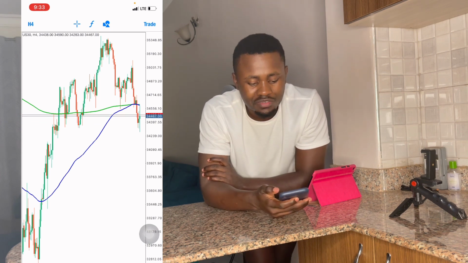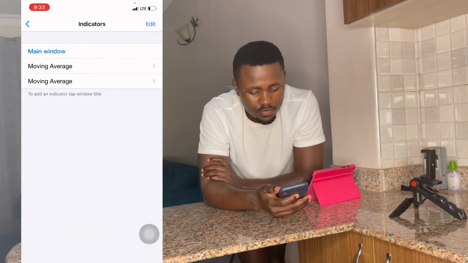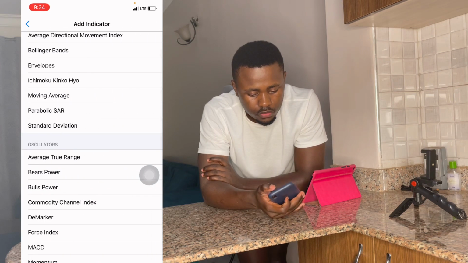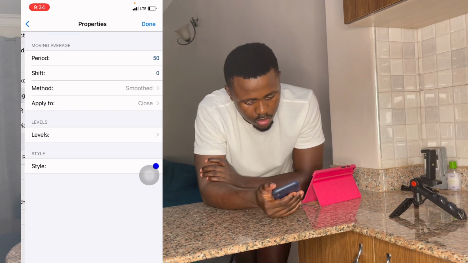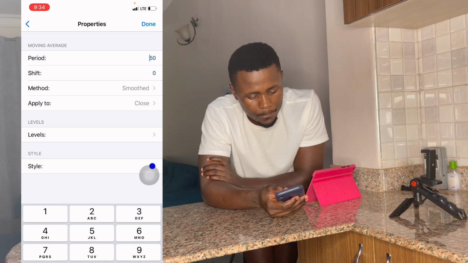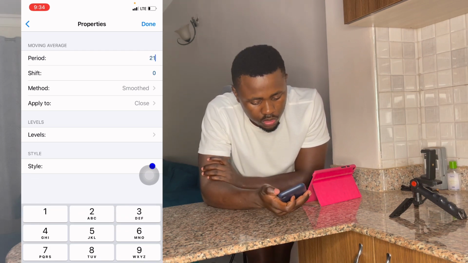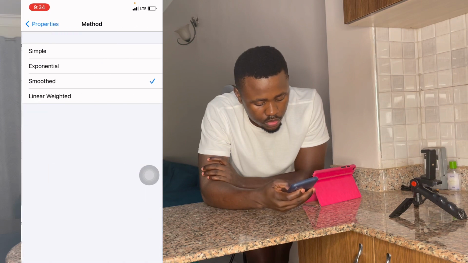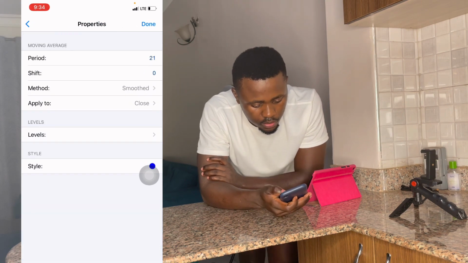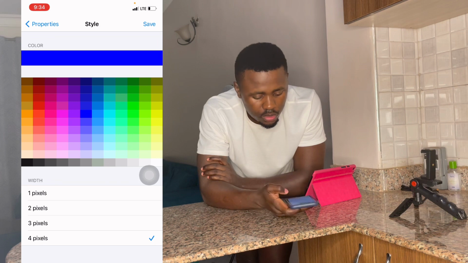Then we have another moving average. This one is the 21 moving average. So we shall add it like this, 21. Then the method has to be smoothed.